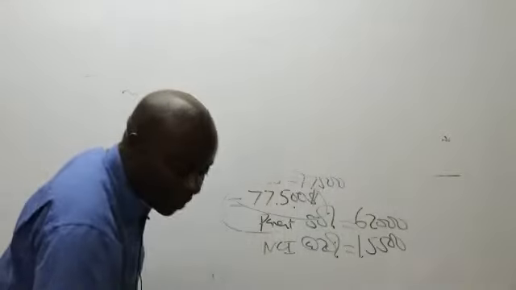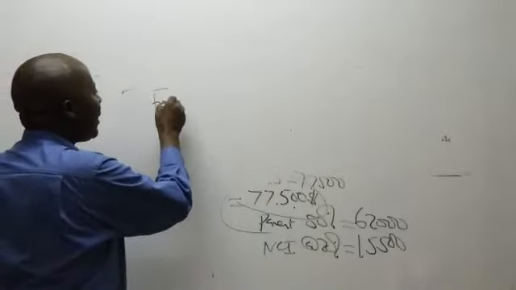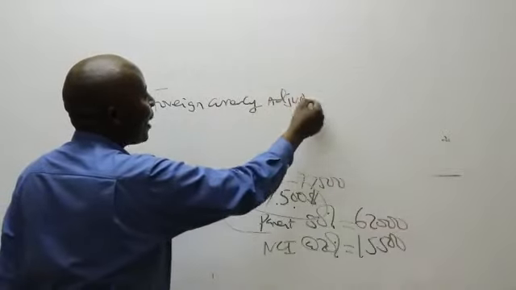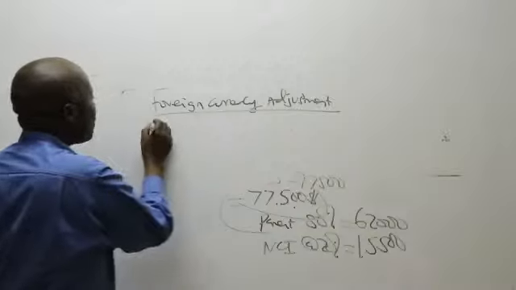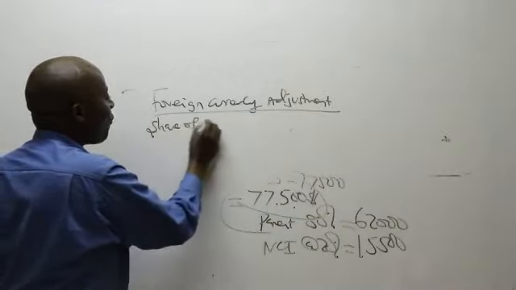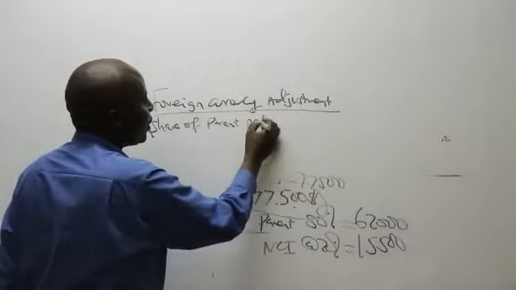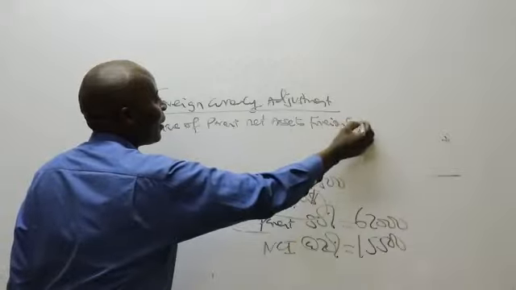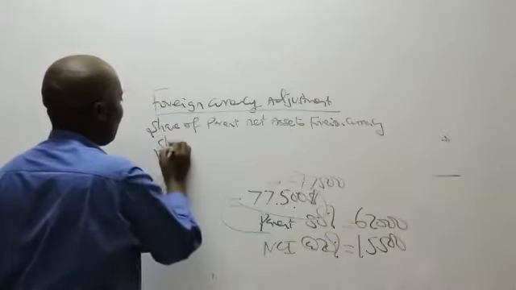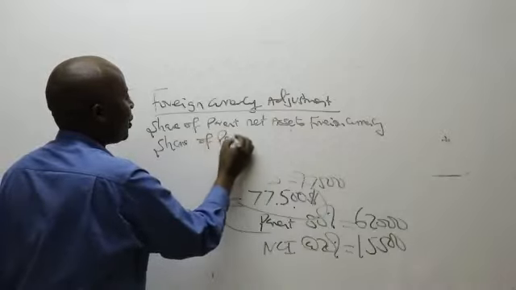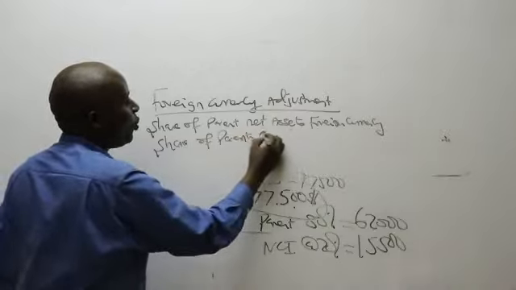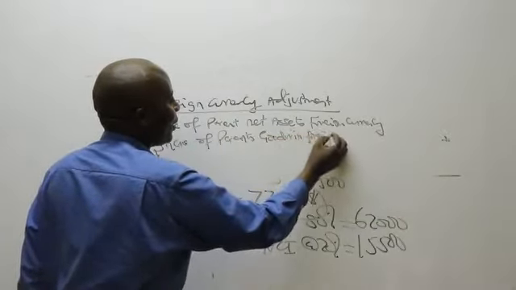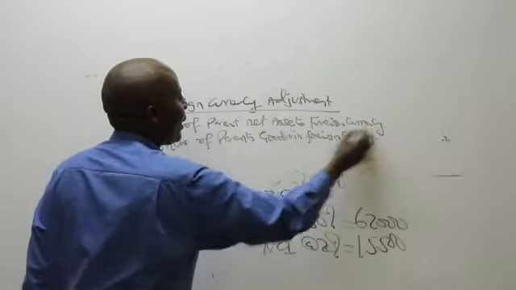There is a foreign currency adjustment there, which has a working. Foreign currency adjustment, I can see there is share of parents' net assets, foreign currency, and there is share of parents' goodwill, foreign currency gain.